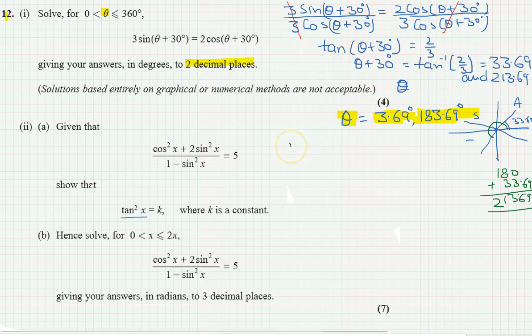So let's say this is cos square x plus 2 sine square x. This is sine square x. We convert 1 minus sine square x is cos square x.